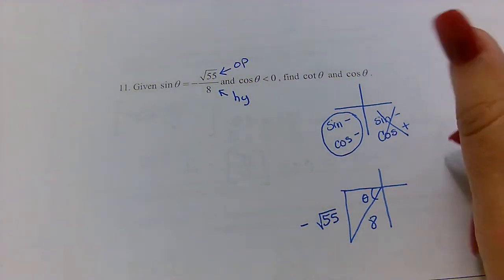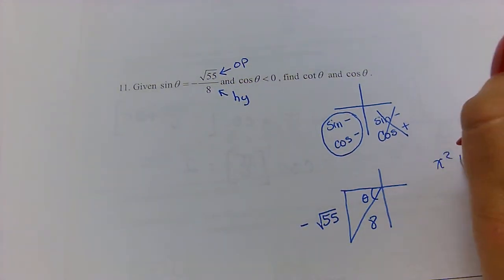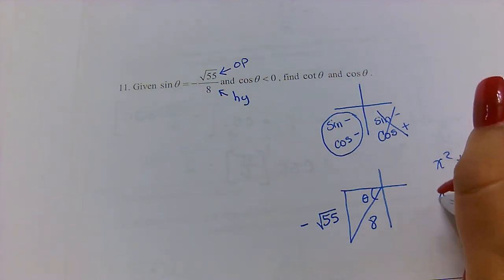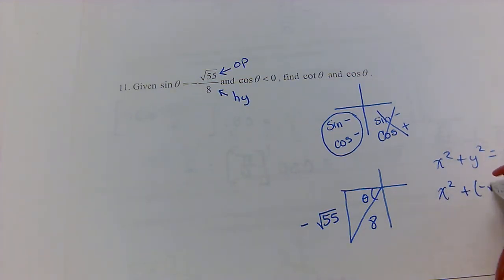Okay, so we're going to have x squared plus y squared equals r squared. Okay, x squared plus negative square root of 55, squared, equals 8 squared.